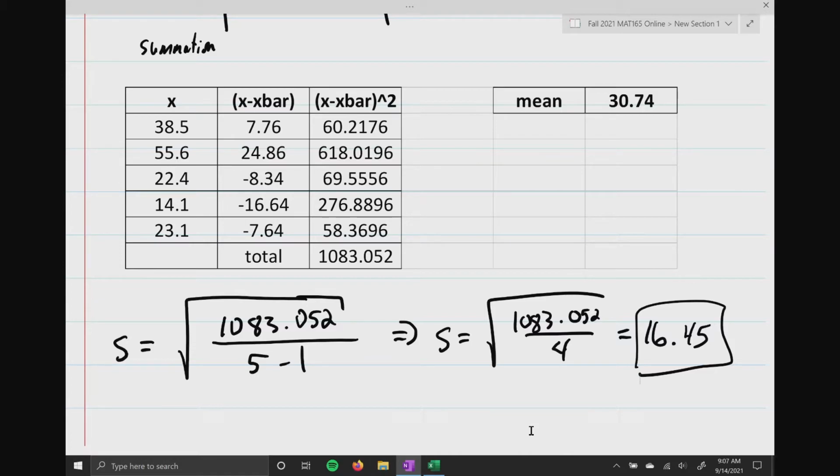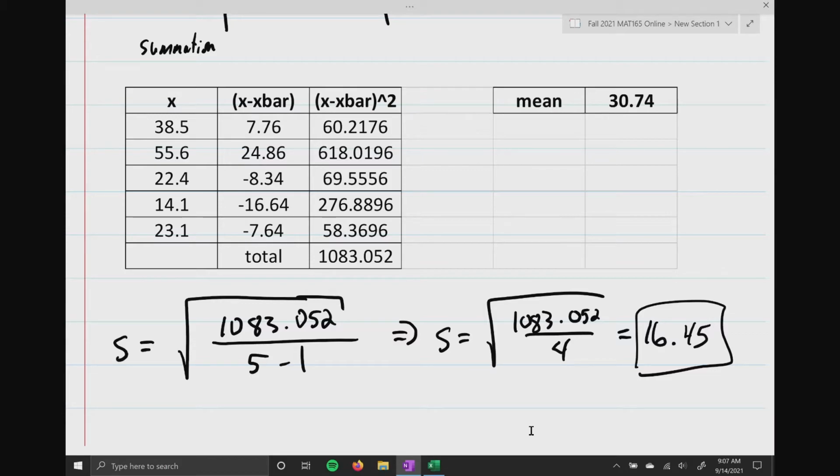All right. Now, when you look at the data, you need to think about whether 16.45 is a very large number or a very small number. The only way to really do that is to have an understanding of where these numbers lie on a number line. Because 16.45 isn't that large of a number, I would say this data is kind of close to each other.